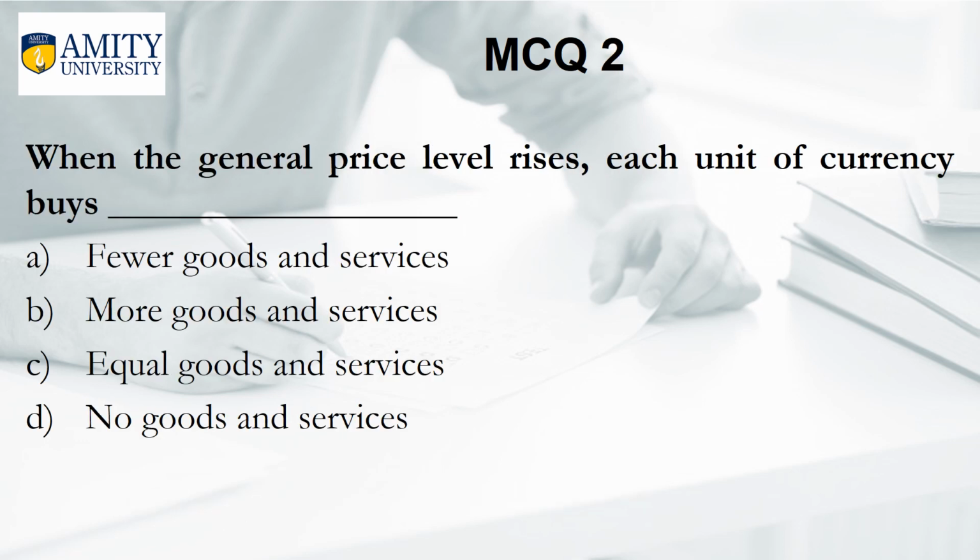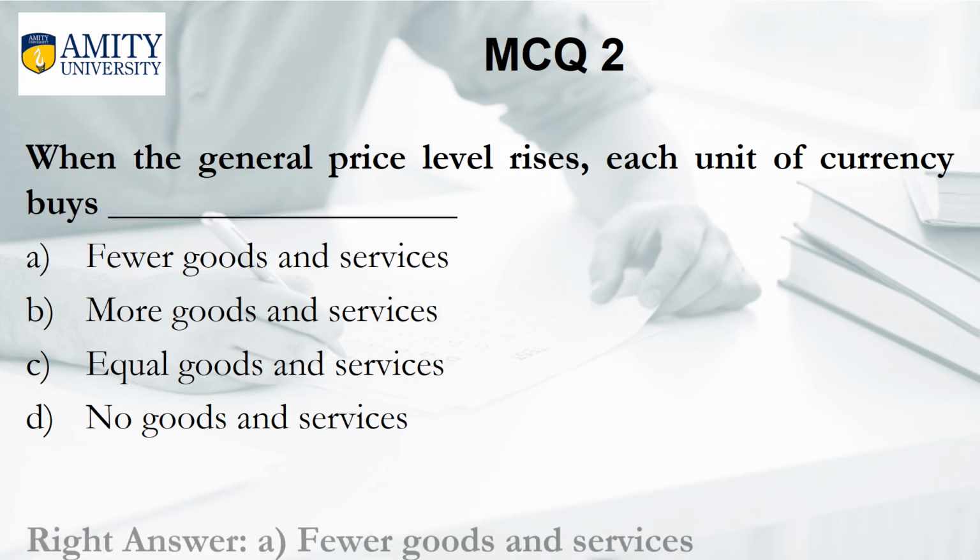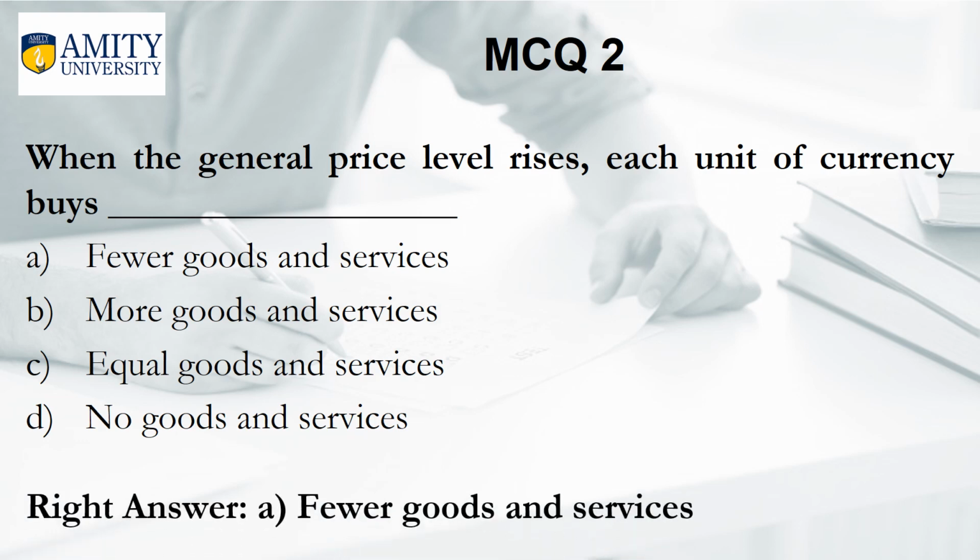When the general price level rises, each unit of currency buys: A, fewer goods and services, B, more goods and services, C, equal goods and services, D, no goods and services. And the right answer is A, fewer goods and services.